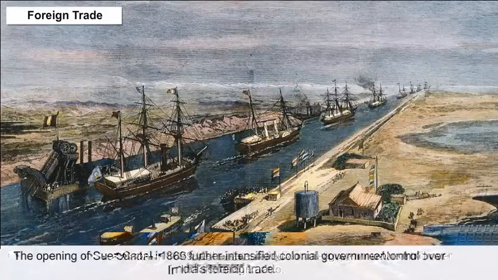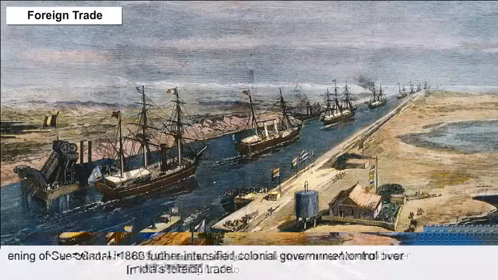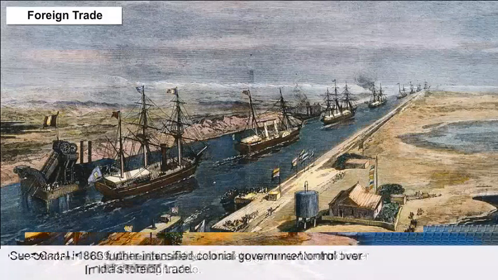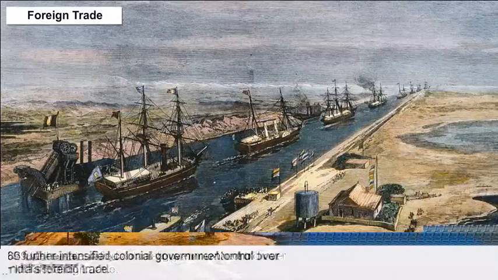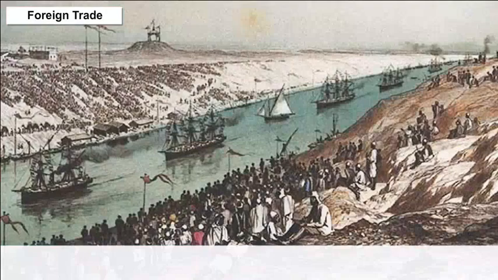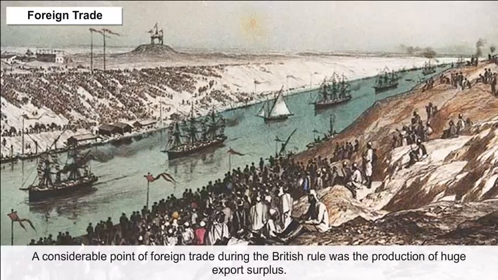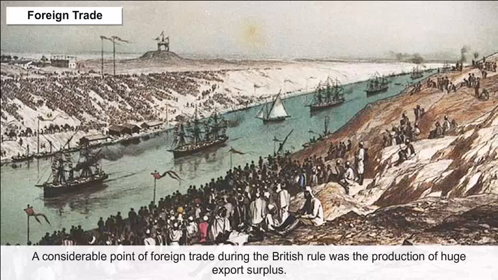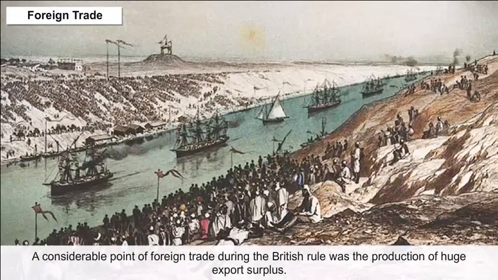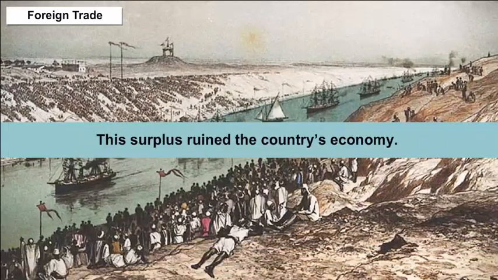The opening of the Suez Canal in 1869 further intensified colonial government control over India's foreign trade. A considerable point of foreign trade during the British rule was the production of a huge export surplus. This surplus ruined the country's economy.